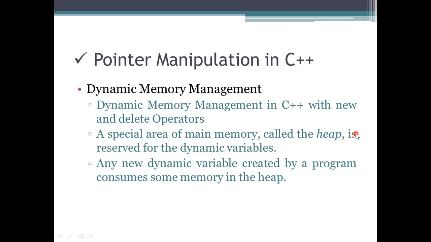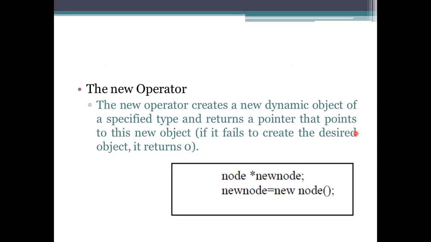How are such operations processed in a linked list? We have two operators which support these manipulations. The first one is the new operator, and the other one is the delete operator.